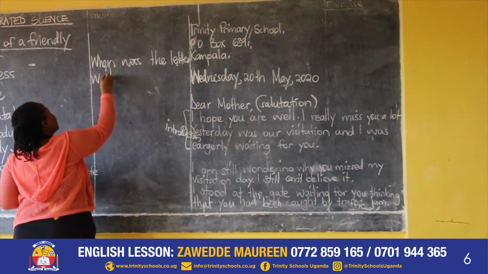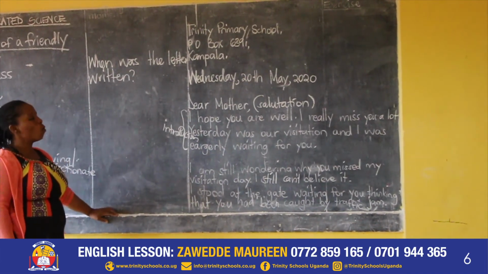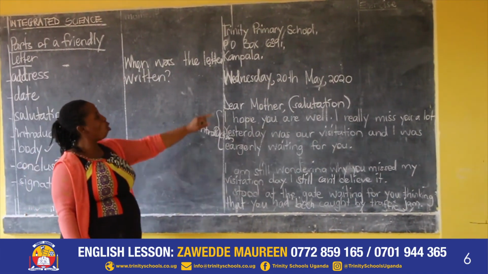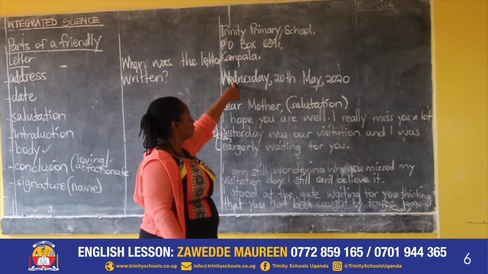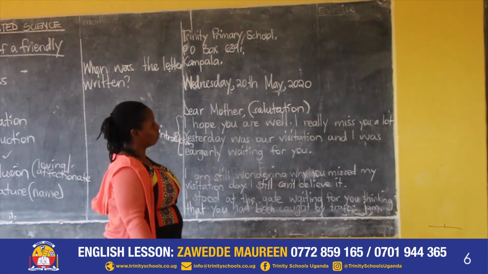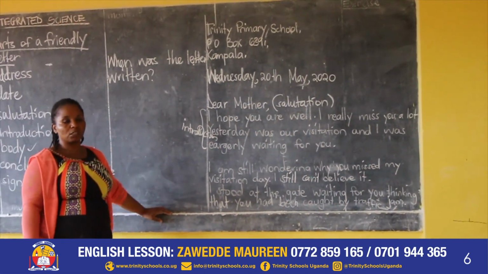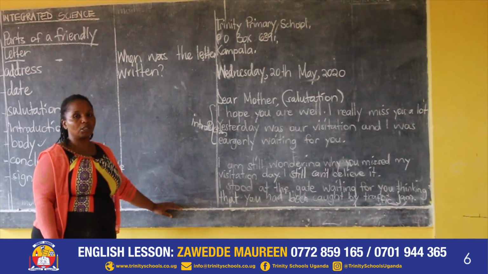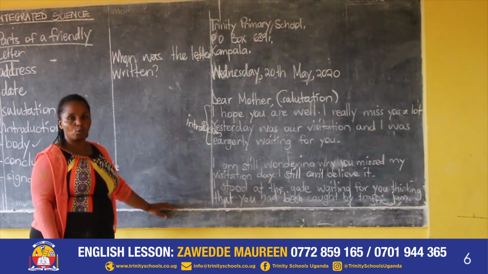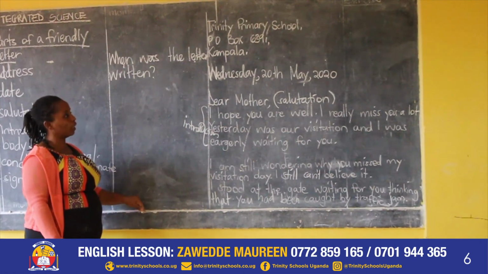Again, I have to answer in passive voice and say, the letter was written on Wednesday, 20th May 2020. You copy it as you see it here. And children, we always tell you sentences end with a full stop. If you write your answer without a full stop, you will fail it.